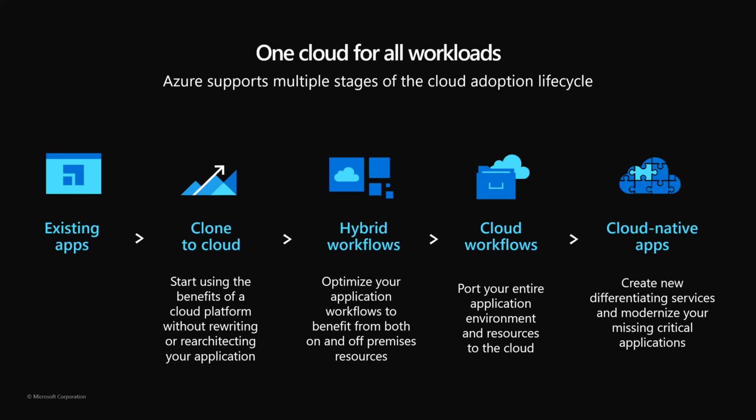And then that last state, which we're terming cloud native apps, is a fully optimized state where the application would either be refactored and modernized to fit into those native cloud constructs.